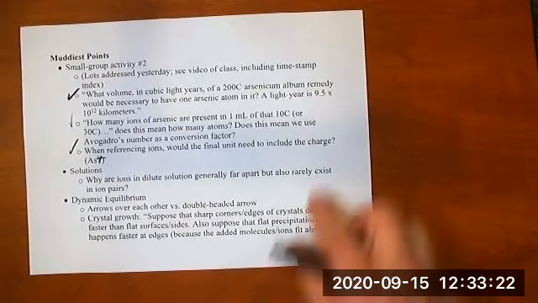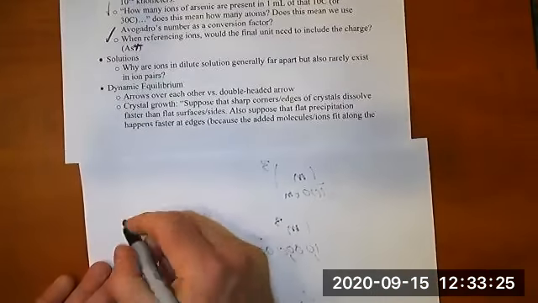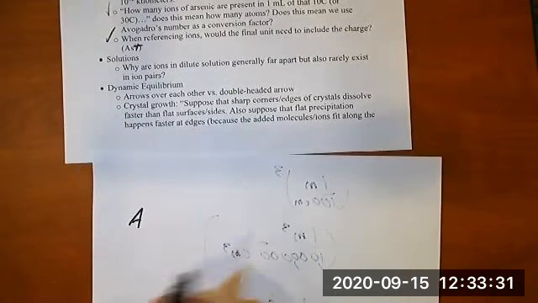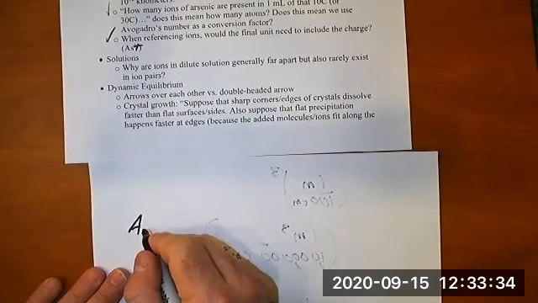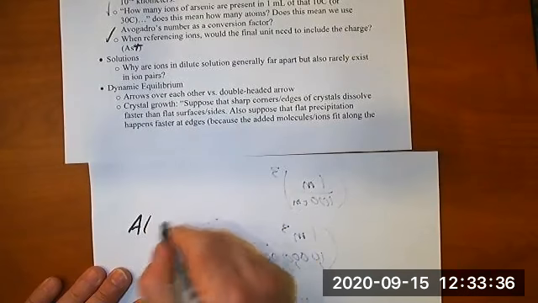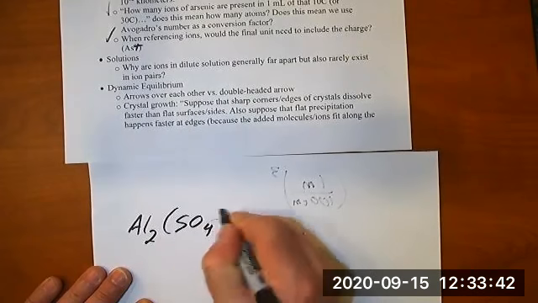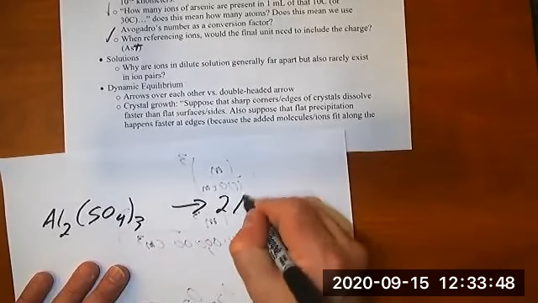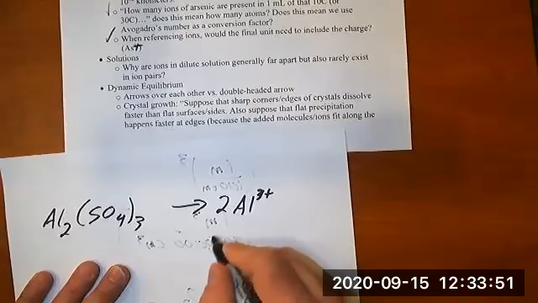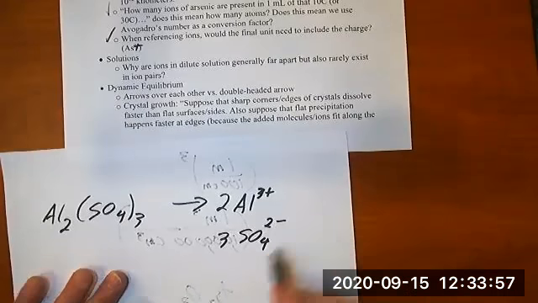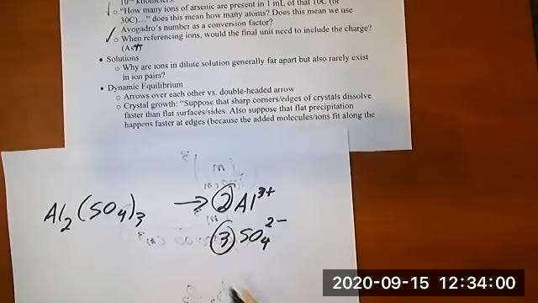For example, the example I use in the video is, I think, aluminum sulfate, Al2(SO4)3. When this dissolves, we get 2Al3+ and 3SO4 2-. So we end up with 5 ions per formula unit.